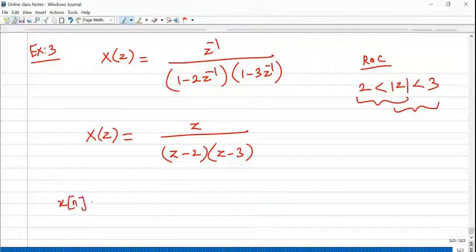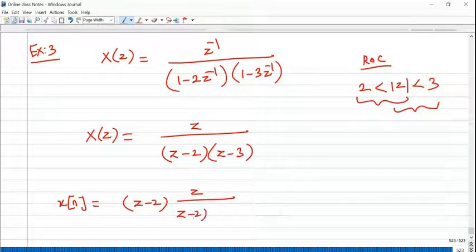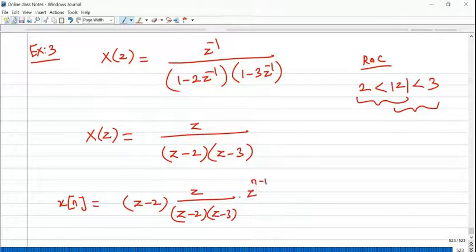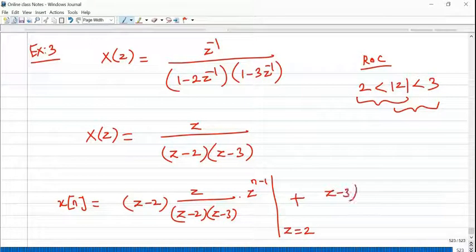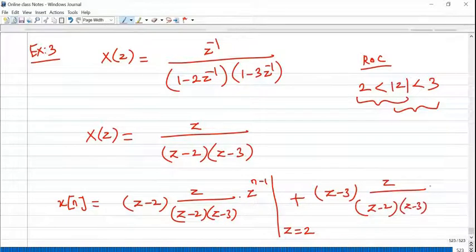So x of n equals (z minus 2) times z divided by (z minus 2)(z minus 3) times z power n minus 1, replacing z equal to 2, plus (z minus 3) times z divided by (z minus 2)(z minus 3) times z power n minus 1, and at last replace z by 3.